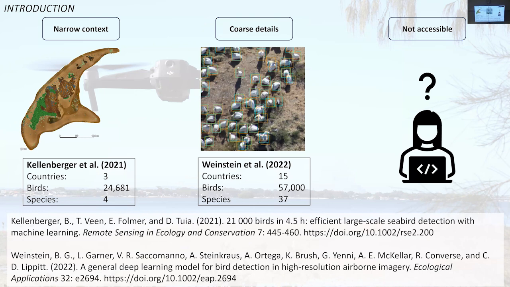So as you can see, we've already started to make progress towards developing these computer vision tools. But I identified 3 main barriers that the process is currently facing. The first one is that a lot of the tools that currently exist are very narrow in their context. When I say context, I mean biological context, so what species they encompass, environmental context, so how many different habitats they focus on, and digital context, so different image resolutions, different image properties.